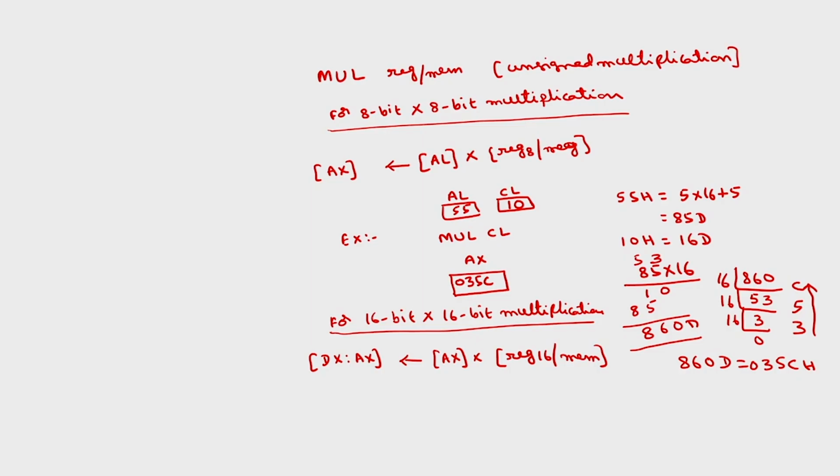On the other hand, we also have signed multiplication, because in 8086 we use signed 2's complement representation. The only difference from MUL is the mnemonic for signed multiplication, which is IMUL. Again you specify register or memory.